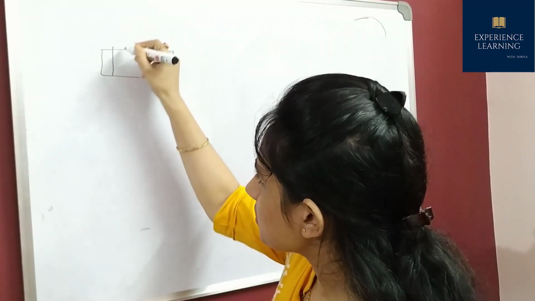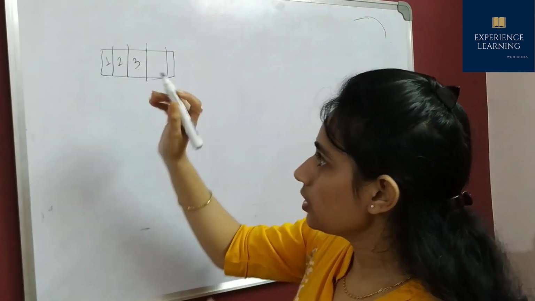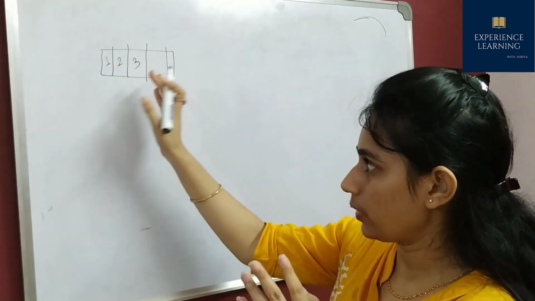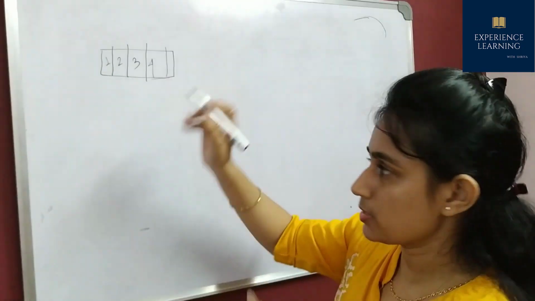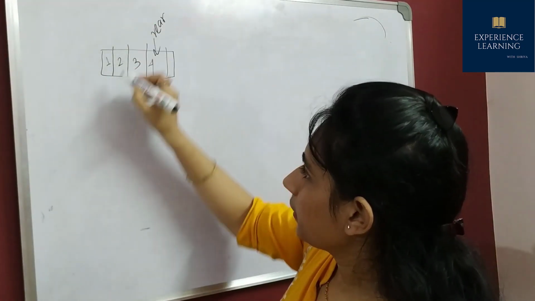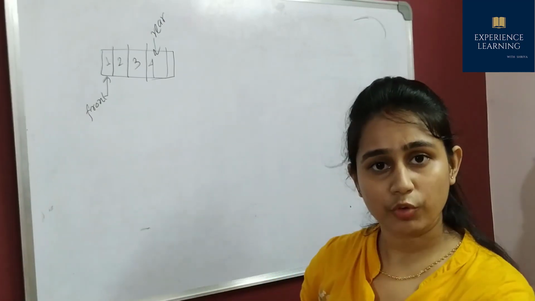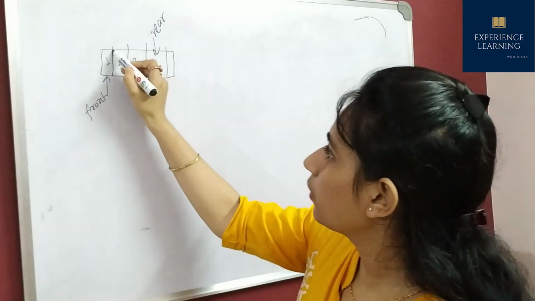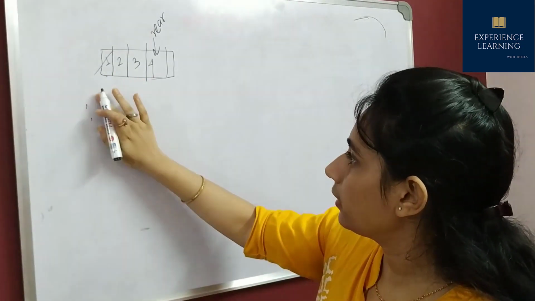Say I am going to insert the data in this way: 1, 2, 3. So insertion is done in this way. First 1 will be inserted, then 2, 3, 4, like this. So now rear is here and front is here. If I delete, first 1 will be deleted and the front will be incremented.